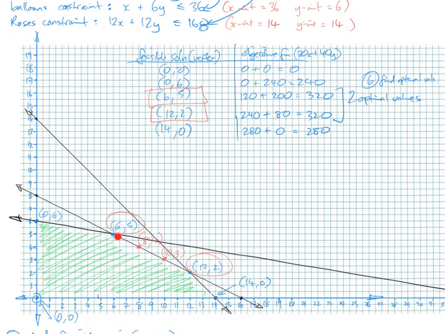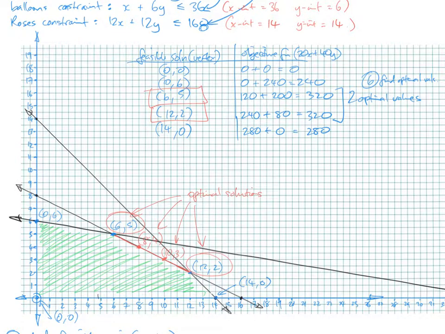So anything along this line between those two vertices that is a valid solution is also going to be an optimal solution. There's going to be multiple optimal solutions here. All of these are optimal solutions because they're whole number and they meet the criteria.